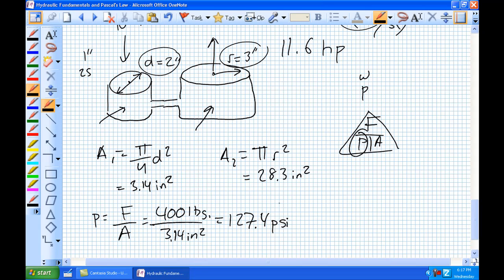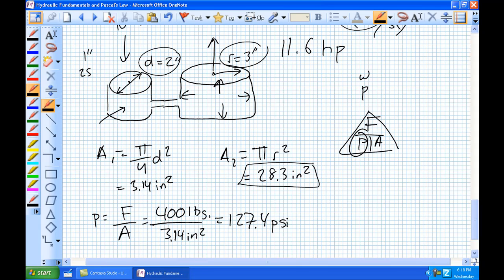What's the pressure in this chamber? Well, same thing, because according to Pascal's law, pressure in a confined system is transmitted undiminished in all directions. So the pressure of 127 pounds per square inch is acting in every direction on the area of disk 2, which is incredibly large, of 28.3 inches squared.